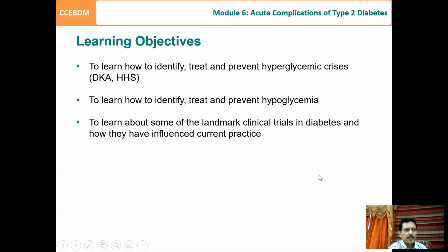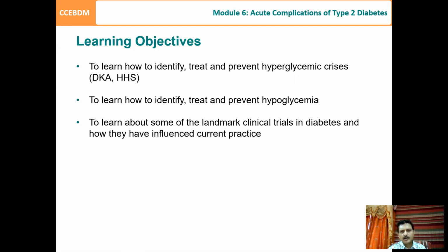So let us have a look into the learning objectives of this module. We have to learn how to identify, treat and prevent the hyperglycemic crisis, that is diabetic ketoacidosis, hyperosmolar coma.